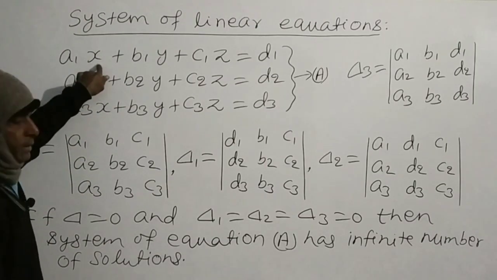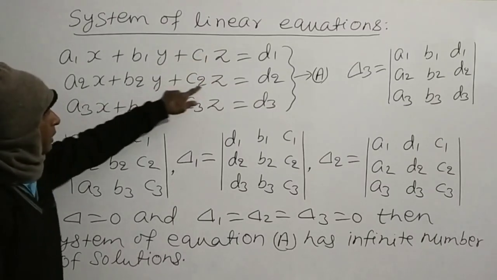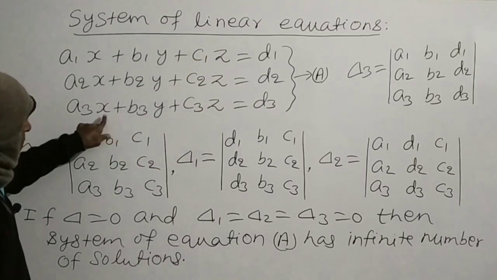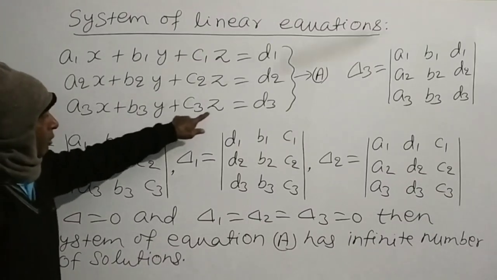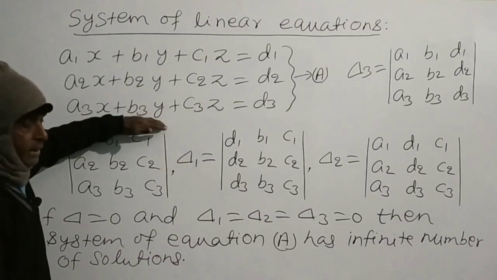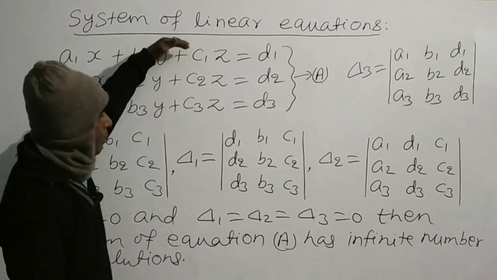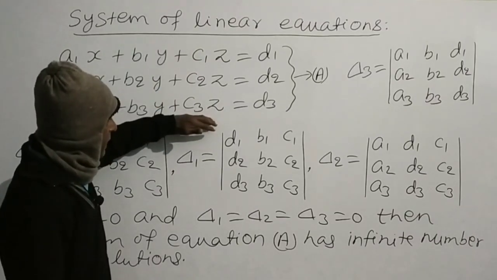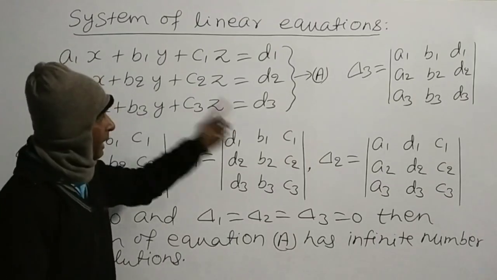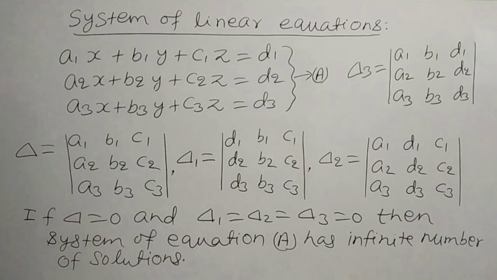This is a linear equation in x, y, z. This is also a linear equation in x, y, z. This is also a linear equation. We suppose that the group of these three equations is system of equations A. Now we make some determinants.